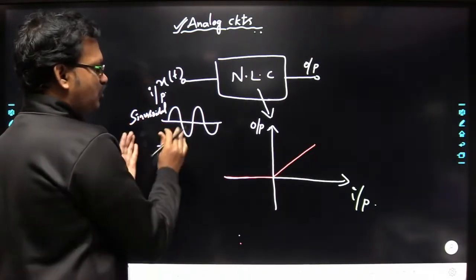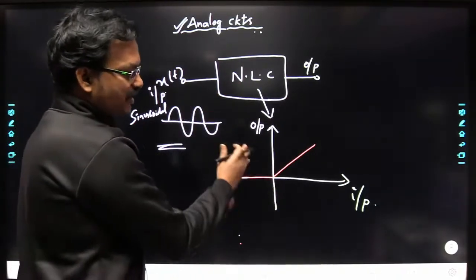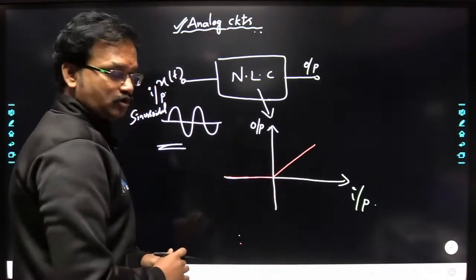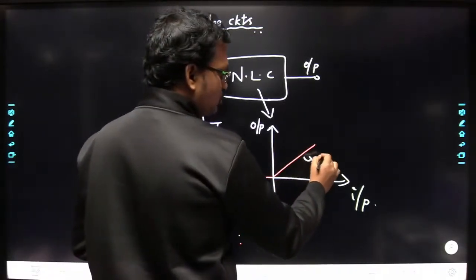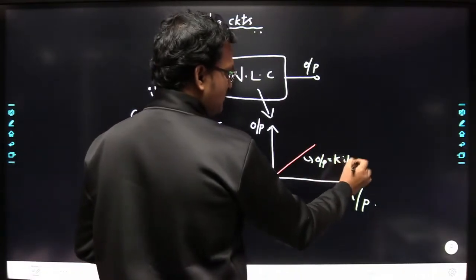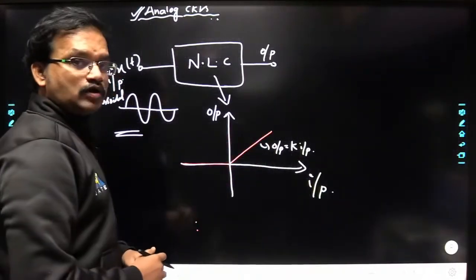So whenever you apply this sinusoidal signal to this non-linear circuit, its behavior is given by this transfer characteristic, the relation between output and input. Output is equal to some k times the input. Now at the output, what can we expect?